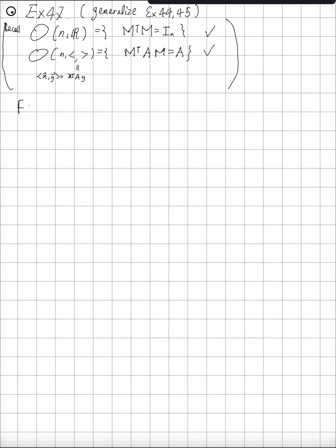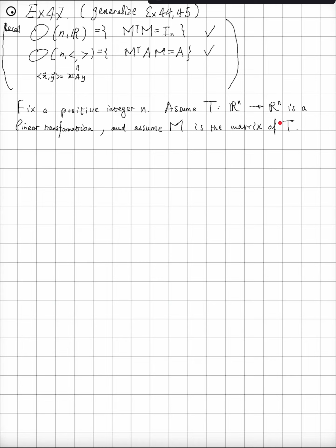Let's say exercise 47: fix a positive integer n, and assume T from R^n to R^n is a linear transformation, and M is the matrix of T with respect to the standard basis.